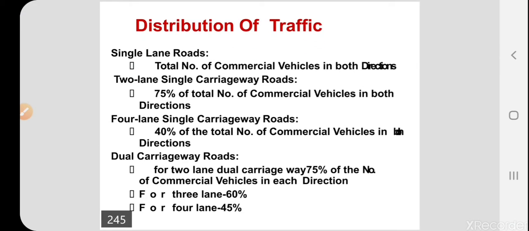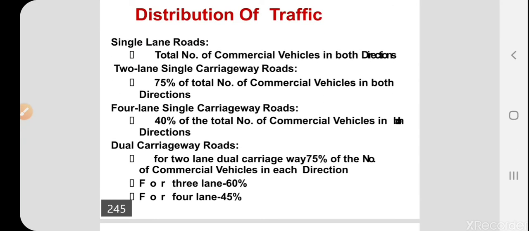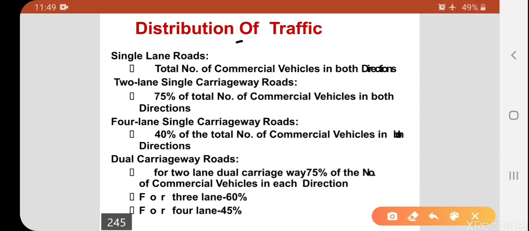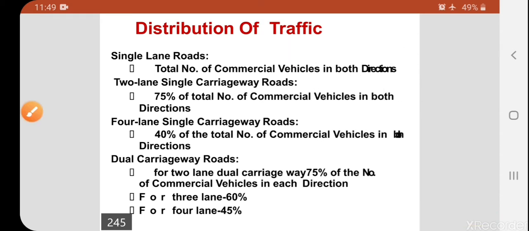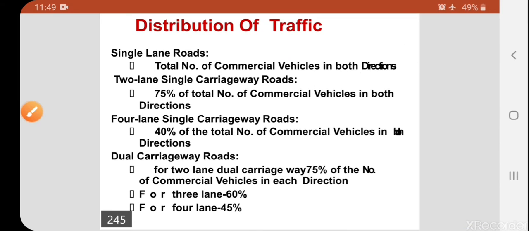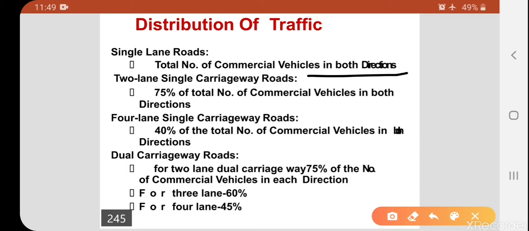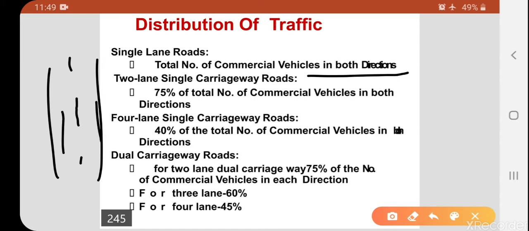Next, distribution of traffic. For single lane, as already learned, the width of the lane will be 3.75 meter. For double lane, 7 meter, that is nothing but multiplying by 3.5 meter. For single lane, consider the total number of commercial vehicles on both directions.